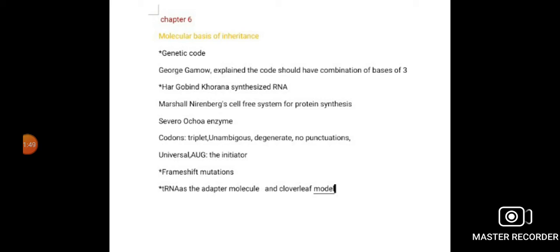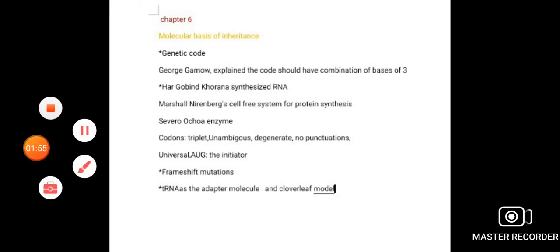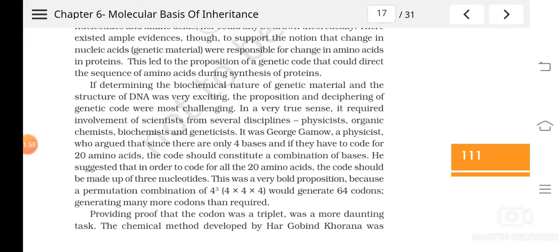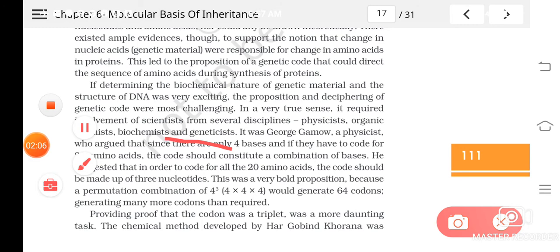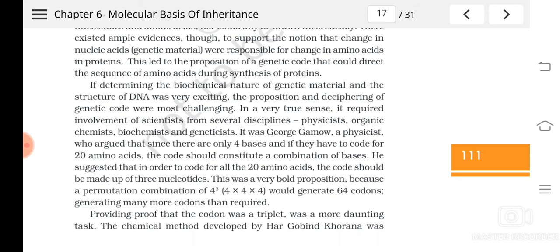This finding resulted in more experiments, which resulted in the discovery of the genetic code. Scientists from several disciplines like physics, organic chemistry, biochemistry and genetics contributed and worked on it. Later, a physicist named George Gamow said that there are 4 bases, adenine, guanine, uracil and cytidine, for 20 amino acids.